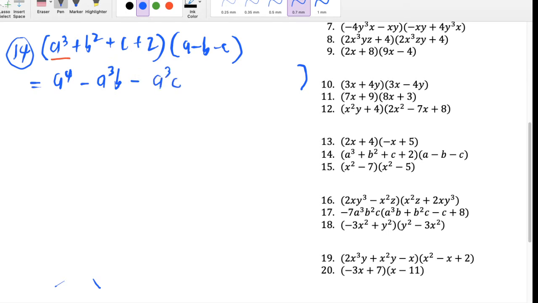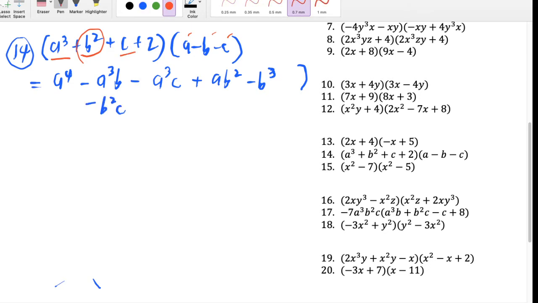Okay? Next, ito, positive b squared, i-multiply natin sa bawat isa. It's equal to plus a b squared minus b cubed minus b squared c. Okay?